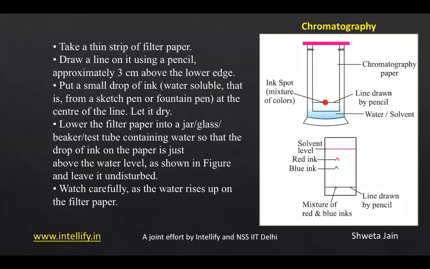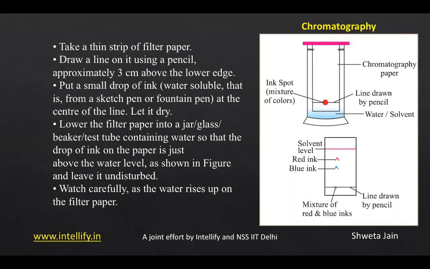So we will take a thin strip of filter paper, and about 3 centimeters above the bottom of the filter paper, we will draw a line with a pencil. At the center of this line, we will make a small dot with a sketch pen or a fountain pen and let this dry.